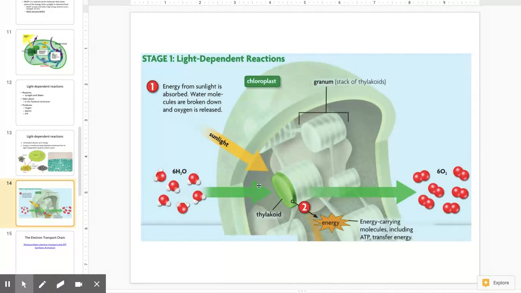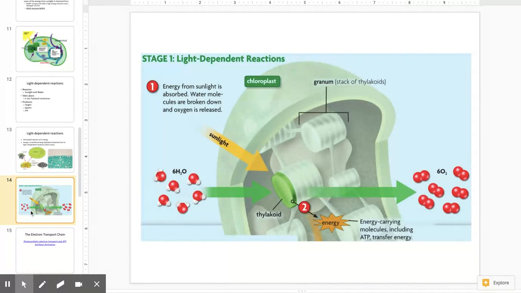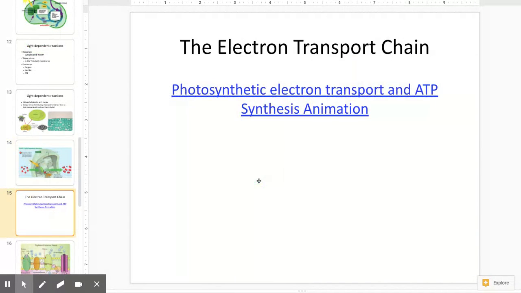So those are cellular energy. And in this video here, it looks at the details of the process that's utilized to make those high energy molecules called the electron transport chain.